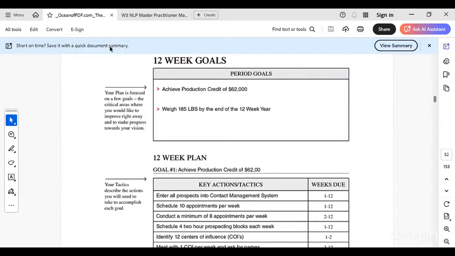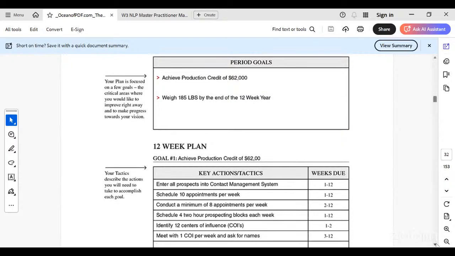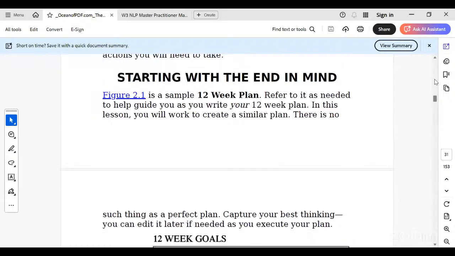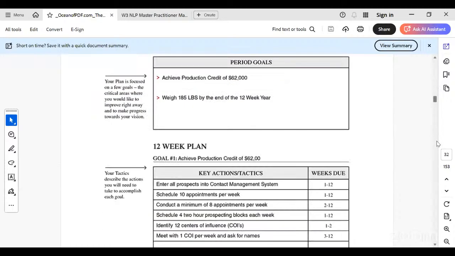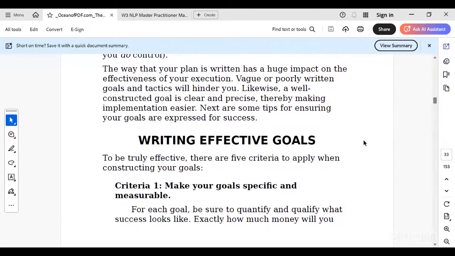Yeah, thank you for that. This word is written, period goals. What does he want to say by this term, period goals? Where is it written? In the first 12 weeks goal, below this 12-week goals. I think the 12-week, he's calling the period. I don't know, maybe, I'm just guessing.